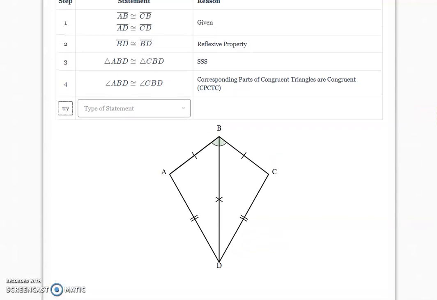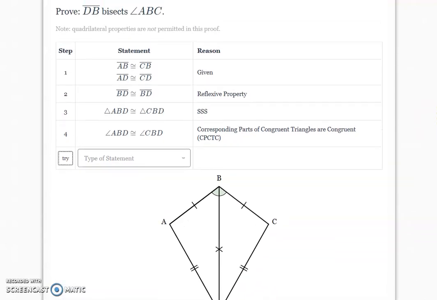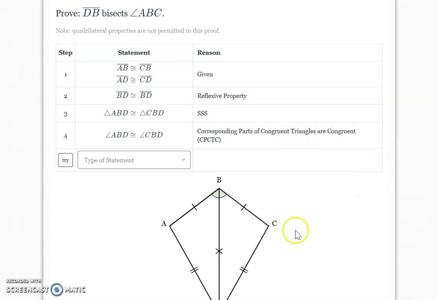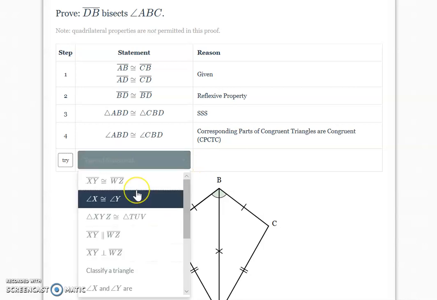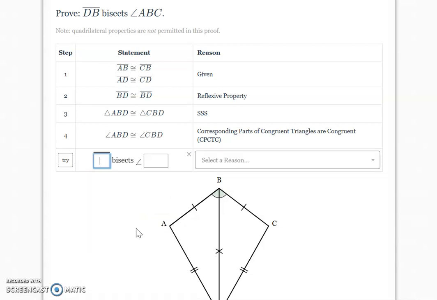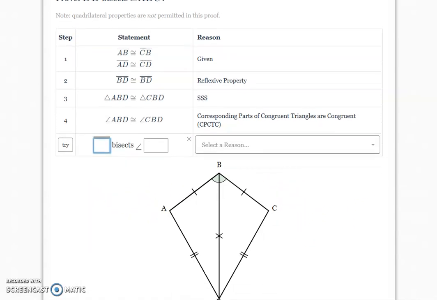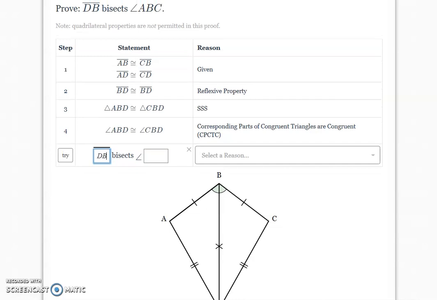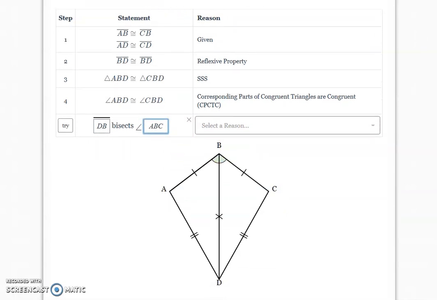Well, if those two angles are congruent, then that must mean that DB cut angle ABC in half. So we want to put a bisecting statement, sorry. So DB bisects ABC, and that's what's written in our proof statement.